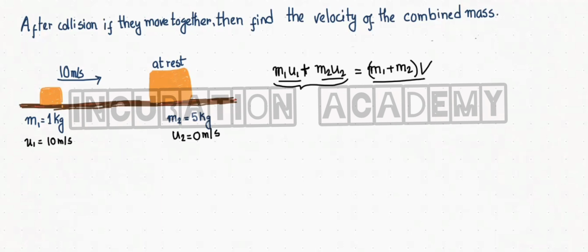Now if I equate these two, obviously it is the principle of conservation of momentum, because momentum is conserved whether the collision is elastic, that means energy is conserved, or inelastic, that means energy is not conserved. It actually does not matter.